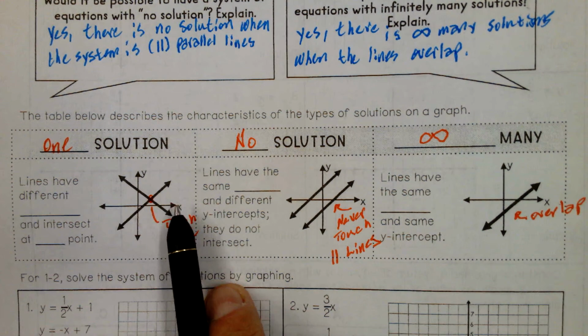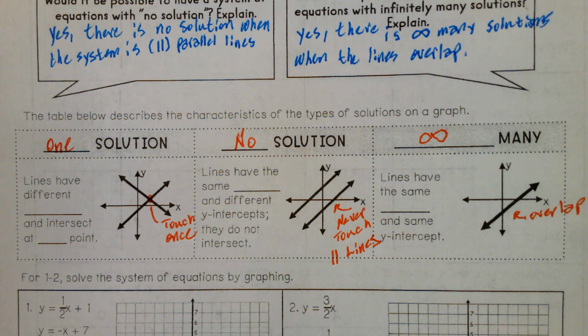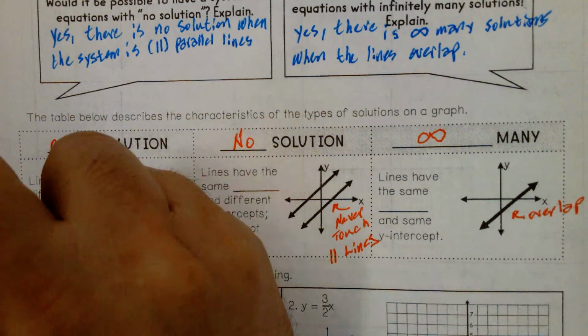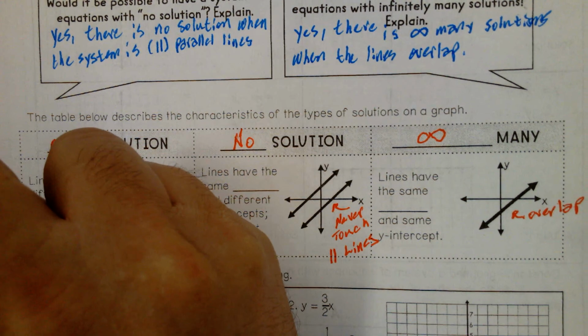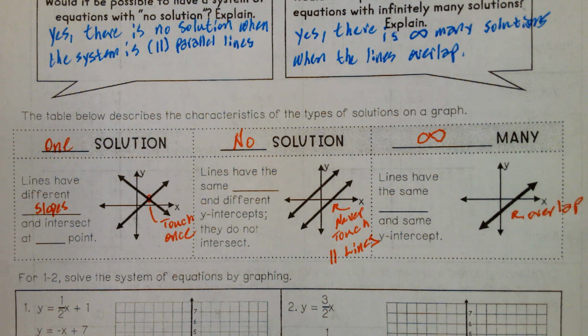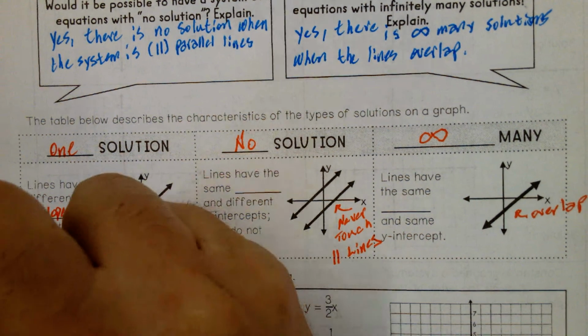So here we have one line that has a negative slope and one line that has a positive slope. Okay. So lines have different slopes. If the lines have different slopes, it doesn't even have to be one positive, one negative, just different numbers for the slope, they intersect at one point.